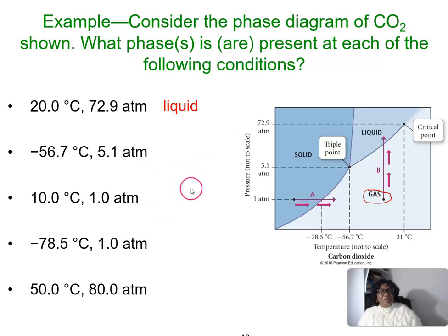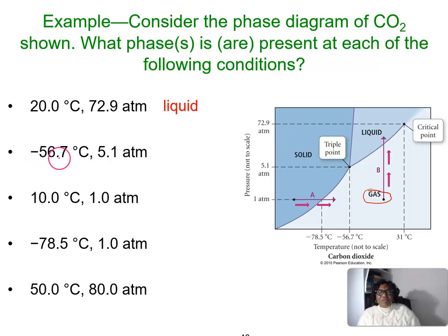So we want to do an example now. At 20 degrees Celsius and 72.9 atmosphere, okay, this is 72.9 atmosphere. So this is 20 degrees Celsius. You go up here. You see what we have here is a liquid.